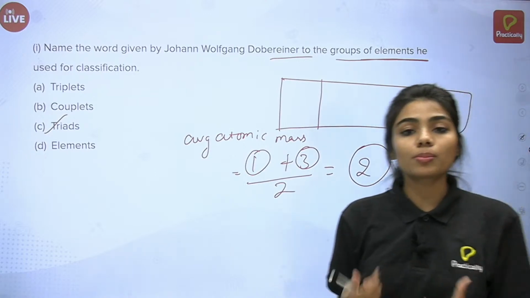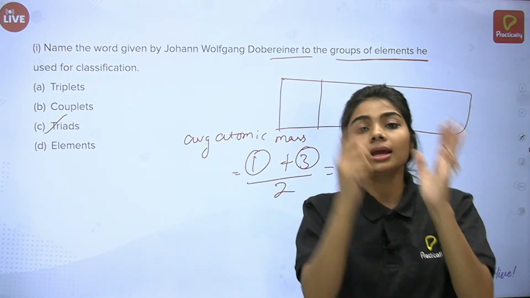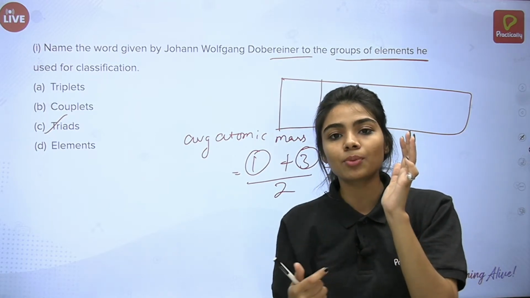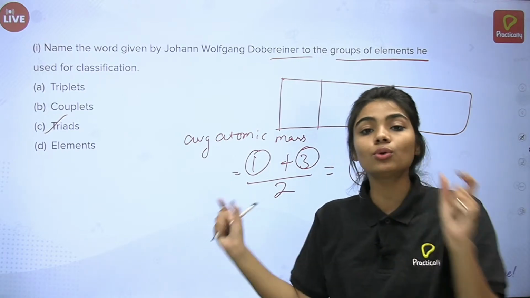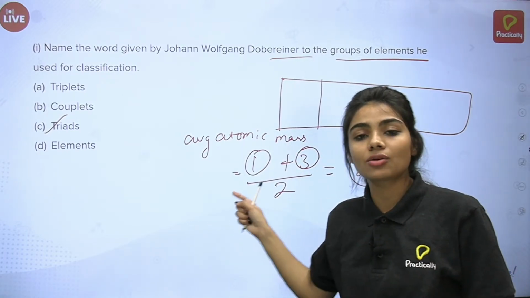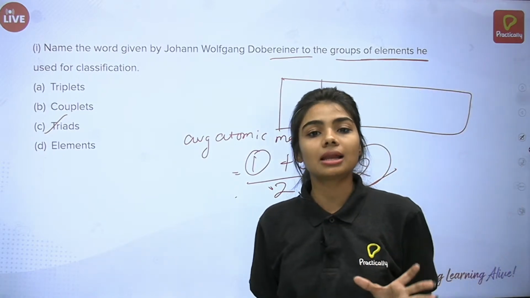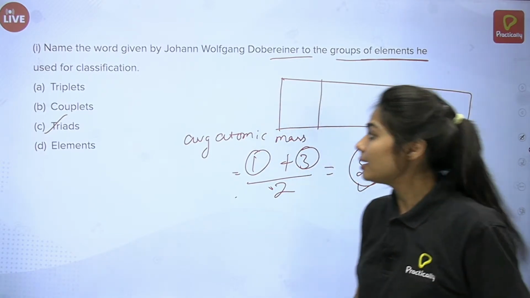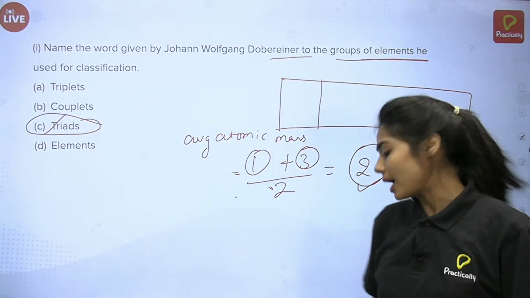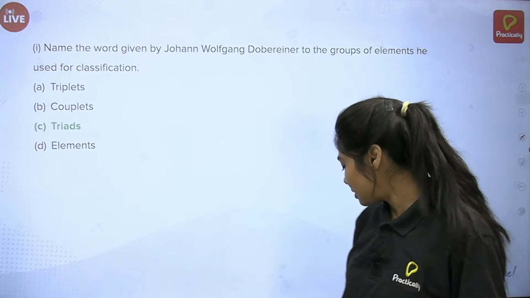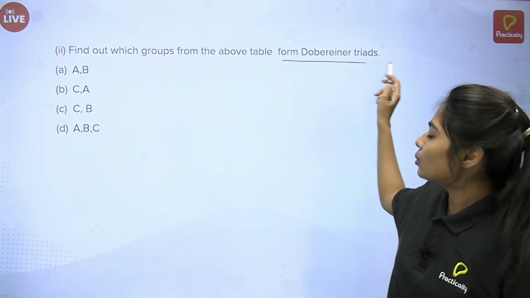So what is Dobereiner's triad? He takes 3 elements and puts them in one category, and these elements have the same properties. If you take the average atomic mass of the first and third elements, then you will get the atomic mass of the middle element, the second one. So this is called Dobereiner's triad.